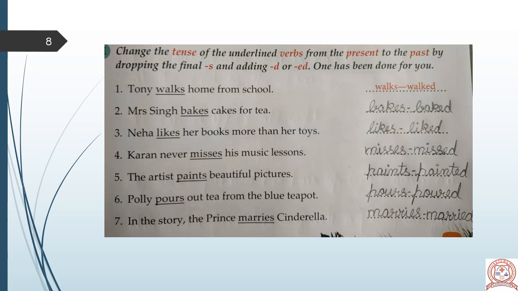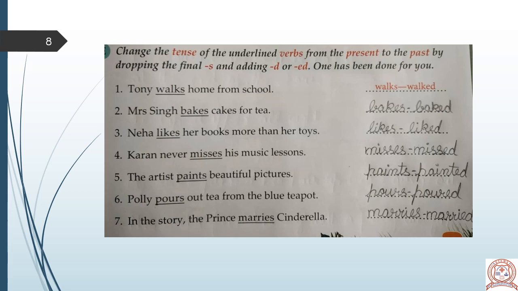We will remove S and we will add D to it and we will make it liked. Karan never misses her music lessons. Misses, misses, and we will remove last S and add D to it and it will become missed.